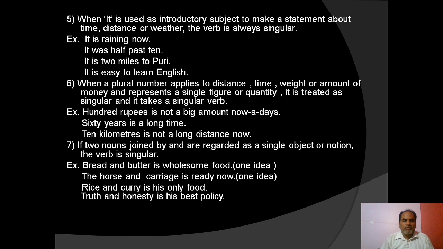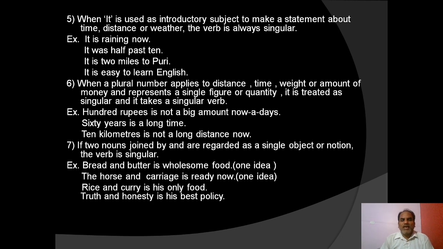In the seventh situation, let us discuss: if 2 nouns joined by and are regarded as a single object or notion, the verb is singular. Bread and butter is wholesome food. Bread and butter, though two nouns are joined by and, carries one idea. It shows one notion. So we can say that it is singular and carries a singular verb.